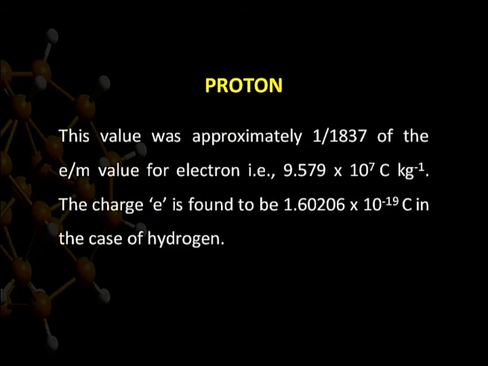This value was approximately 1/1837 of the e/m value of the electron, that is 9.79 × 10^7 C per kg, and the charge e is found to be 1.60206 × 10^-19 C in the case of hydrogen.